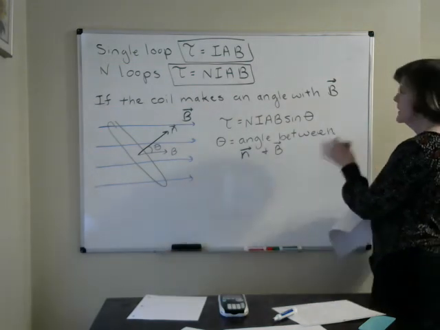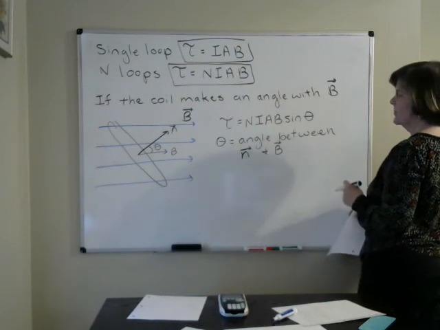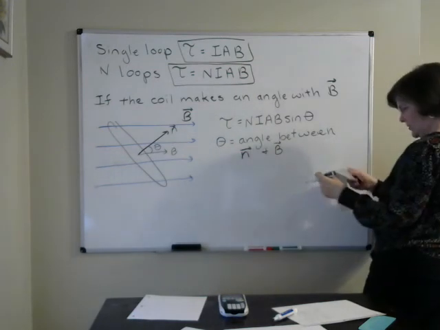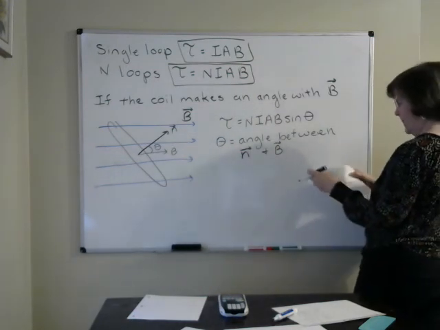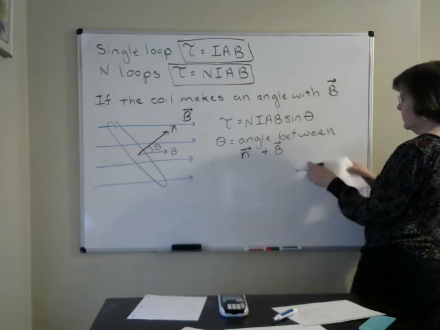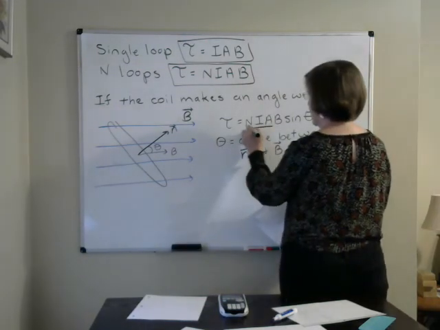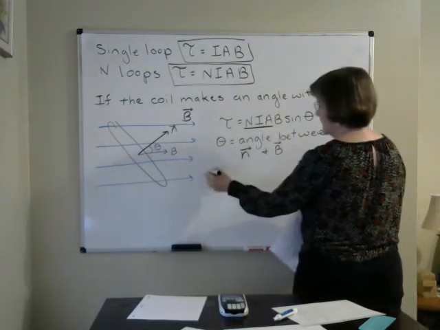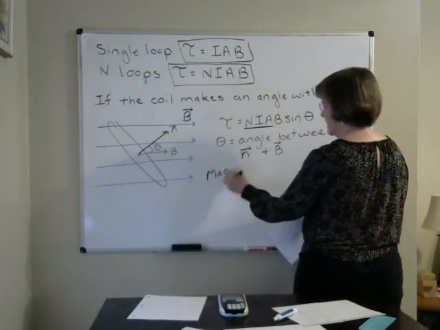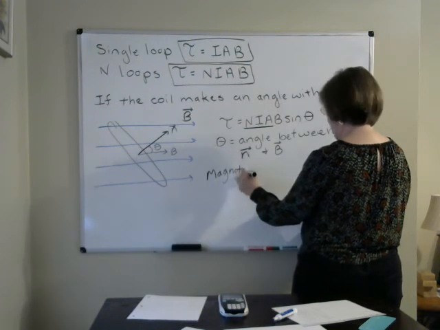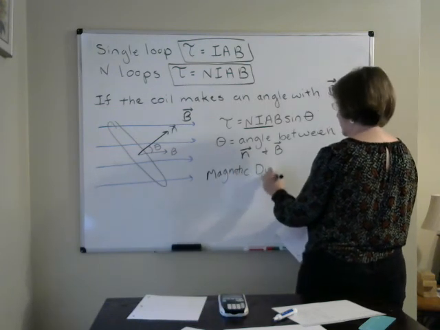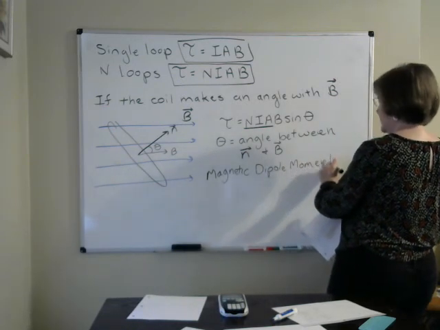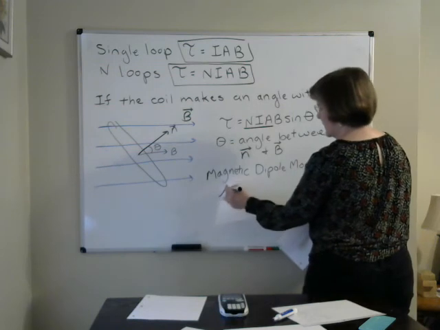You can see as that torque rotates or moves around, that angle changes, and the amount of torque is going to change. This part of the formula right here has a special name. It's called the magnetic dipole moment. The symbol for that magnetic dipole moment is a mu.